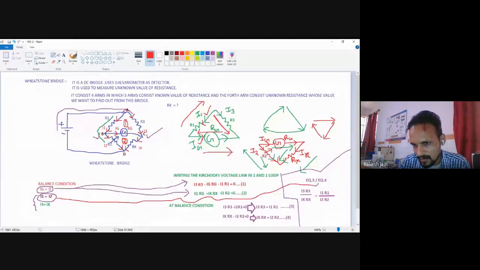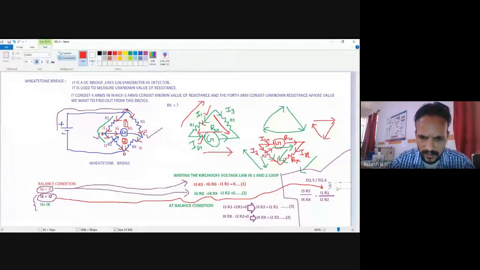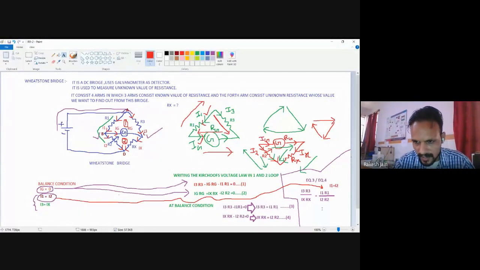In I1 R1 and I2 R2, because I1 is equal to I2, this I1 will be cancelled out from I2. These two terms will be cancelled out because I1 is equal to I2.